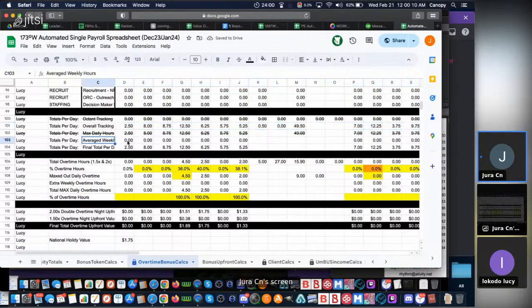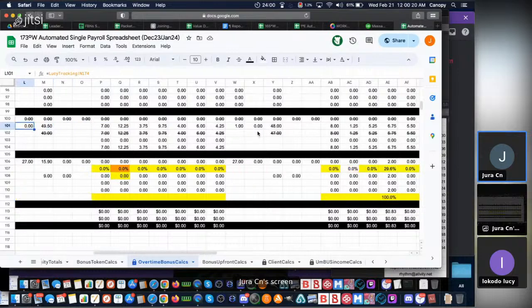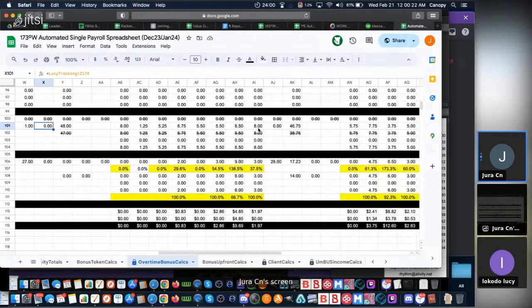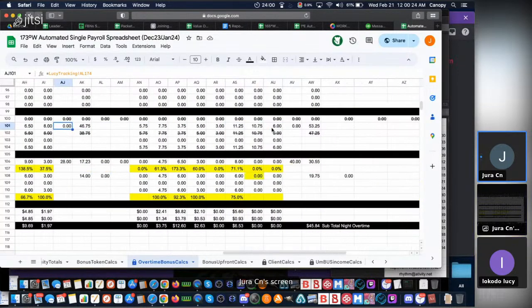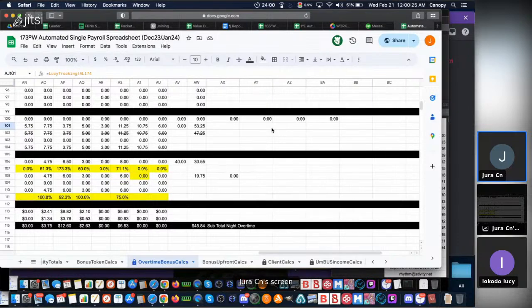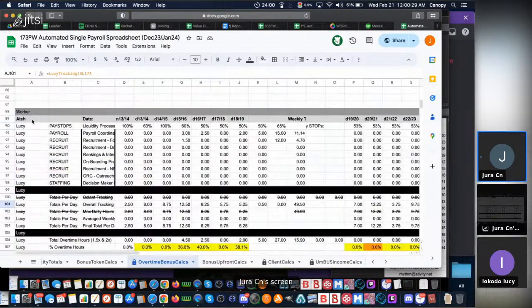So then we have average weekly hours. Average weekly hours are based on tracking over week averaged estimated weekly time, but there's none for this, since this is a Tay. So we have to change this all to Tay. I'm just updating it all.